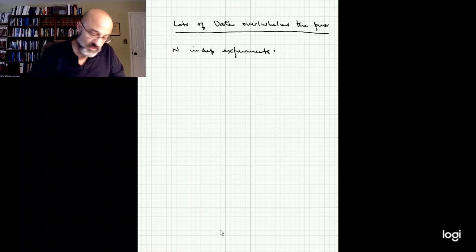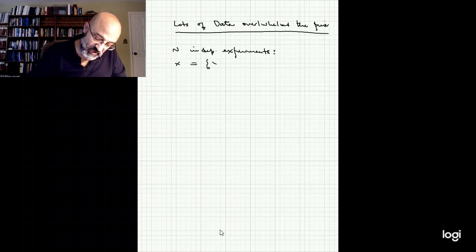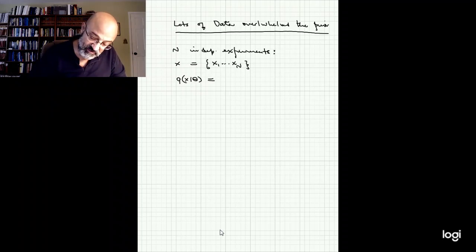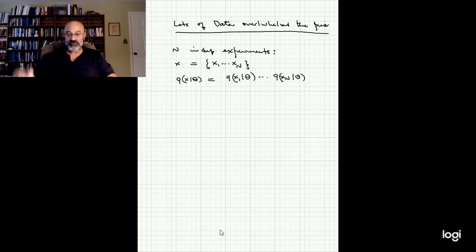And so the experiments are going to be, I'm going to use the same notation as we had before, x1, ..., xn, and the likelihood function, x given theta, is going to be a product of the likelihoods for each one of the independent experiments.